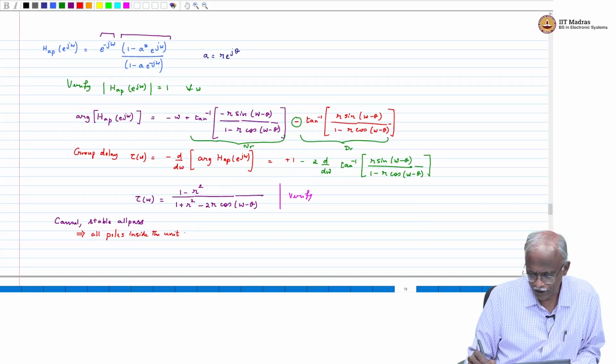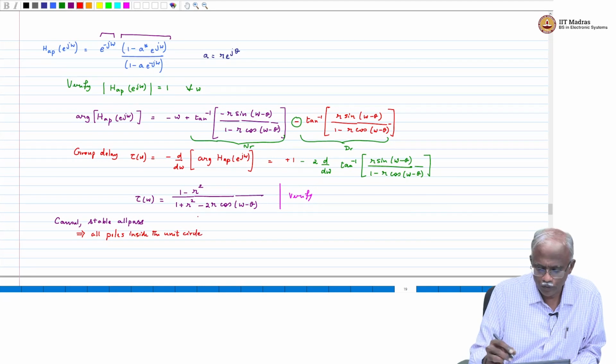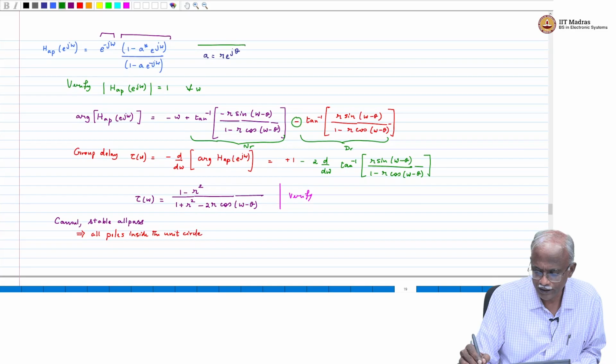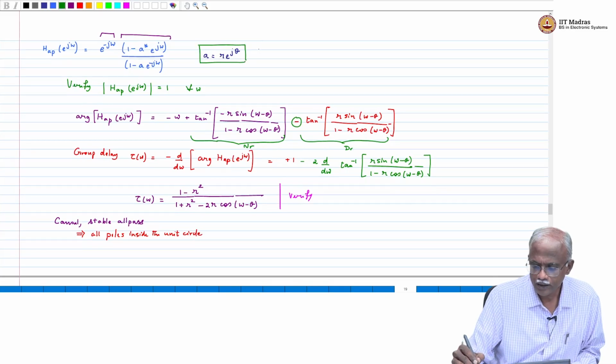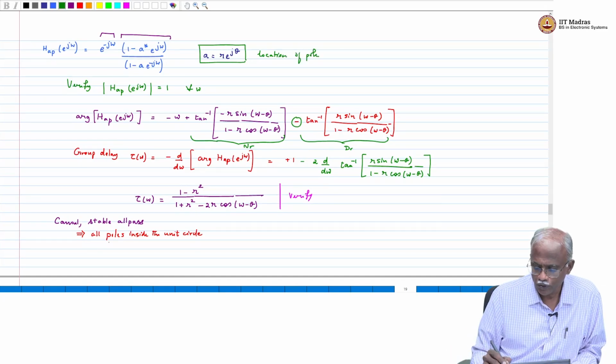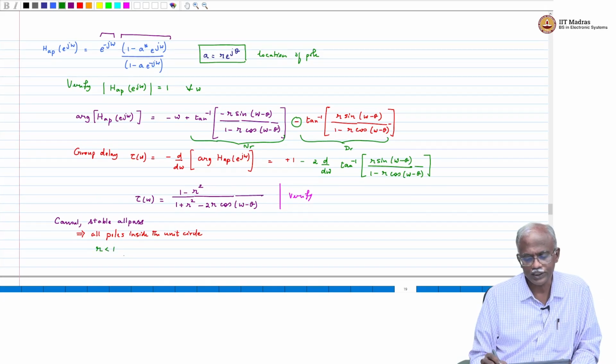They cannot be on the unit circle, it has to be less than. So this means that the pole is located at r e power j theta. This is the location of the pole. Therefore, r must be strictly less than 1 for it to be a causal stable all-pass.